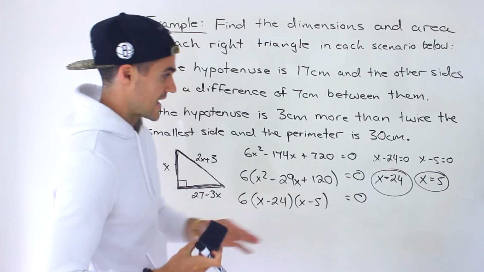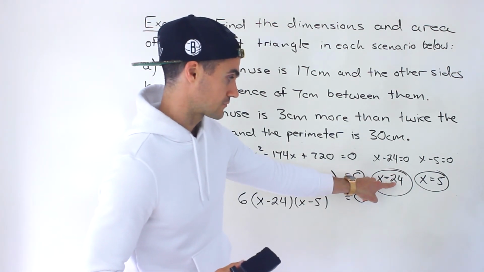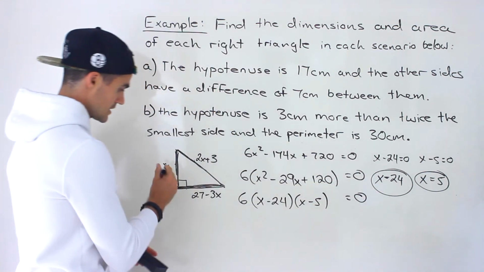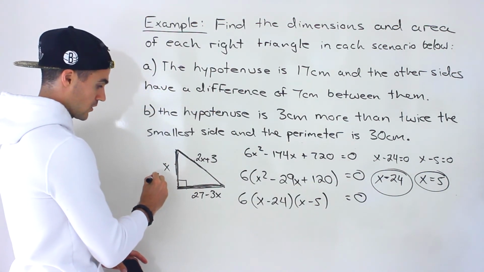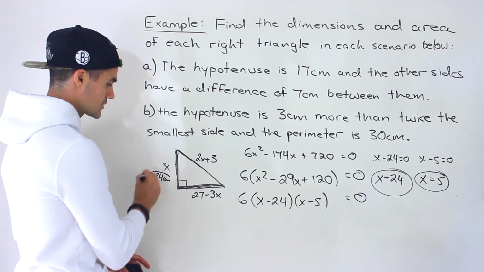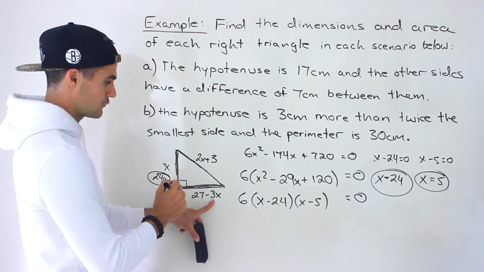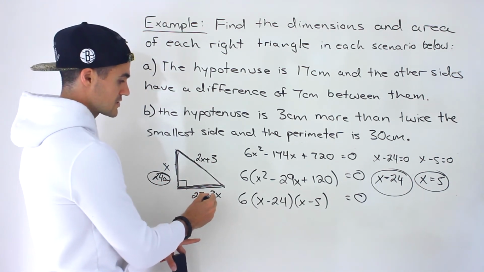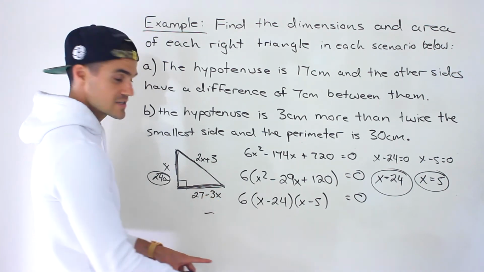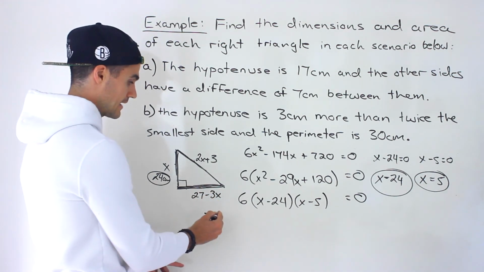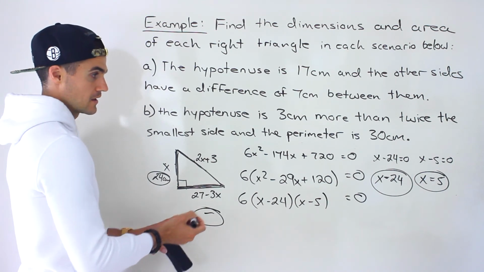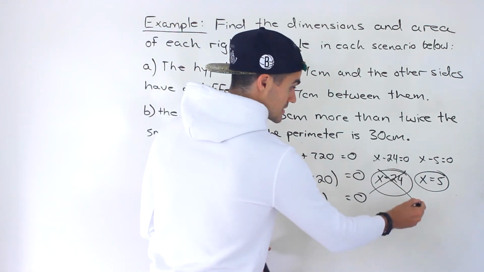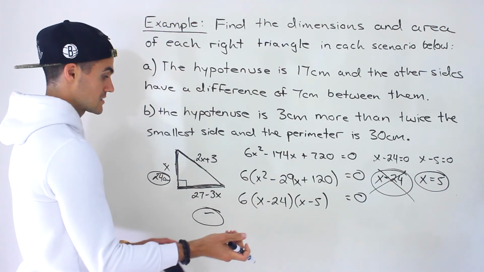And notice that this x value 24, it's not going to work out, because even though this would be 24 centimeters, when we plug in the 24 over here, 27 minus 3 times 24, that would give us a negative value. And we can't have a negative side. So out of these solutions, this one is actually inadmissible.